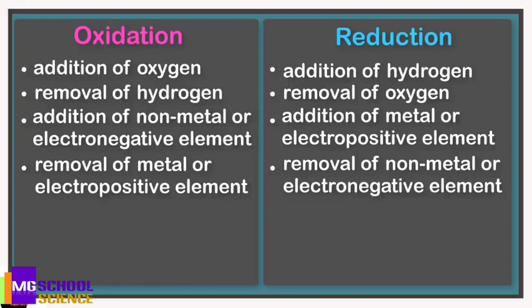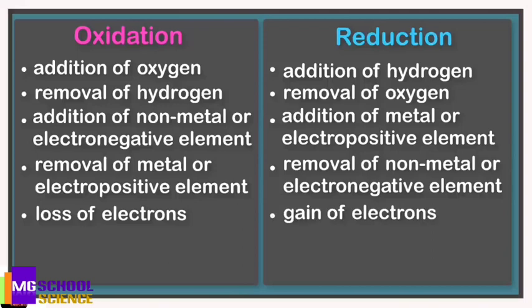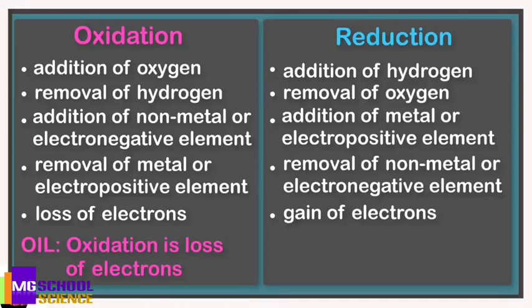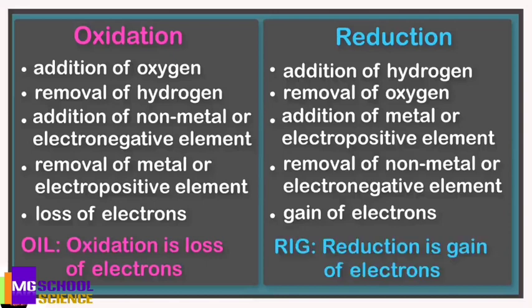Oxidation can also be defined as loss of electrons and reduction is gain of electrons. You can remember the last difference with the help of this simple mnemonic, OIL RIG. OIL stands for oxidation is loss of electrons and RIG stands for reduction is gain of electrons.